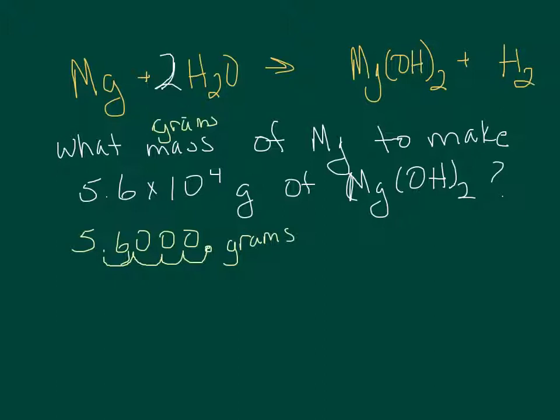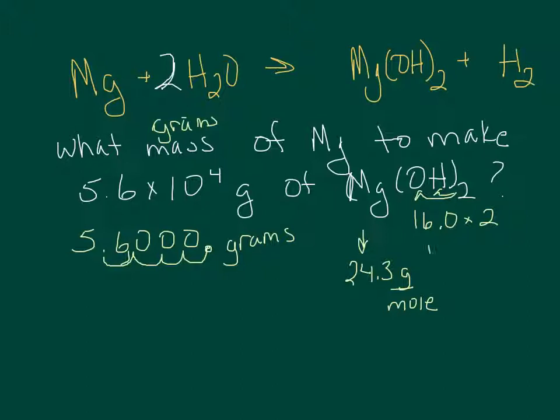Mg is magnesium, and it weighs 24.3 grams per mole. Oxygen is 16.0 grams per mole, but I have 2 of them because this 2 goes to everything in that parentheses. So I'm going to multiply that weight by 2.